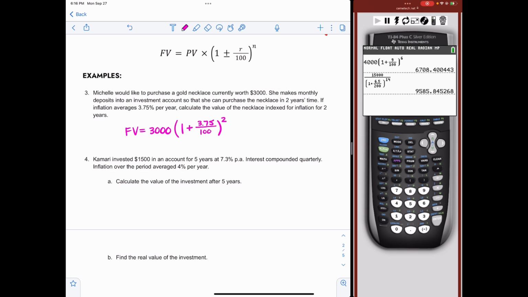So we literally type that into the calculator exactly how it is. And once we do that, we press enter and we see that the value of that necklace in 2 years will appreciate or go up to $3,299 and approximately 22 cents.